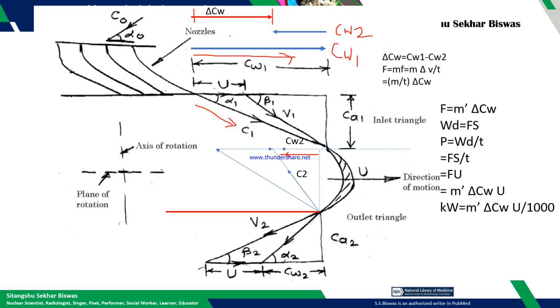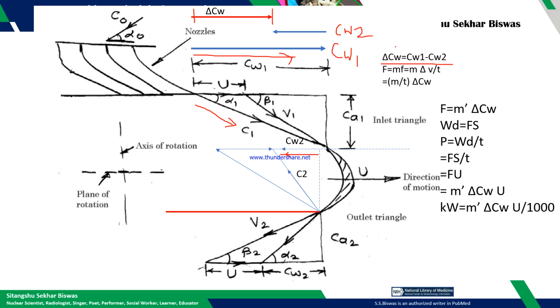Which we calculated, that is del CW, which is nothing but CW1 minus CW2. So CW1 is C1 cos alpha 1 and CW2 is C2 cos alpha 2, and C1 is coming from the inlet triangle vector summation.